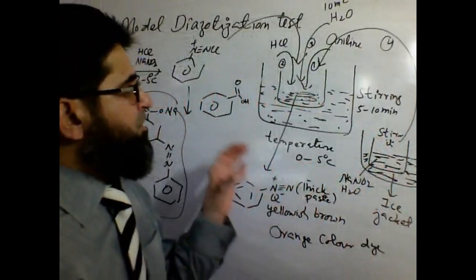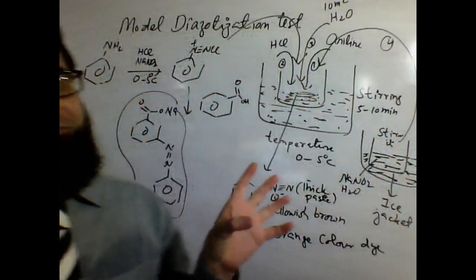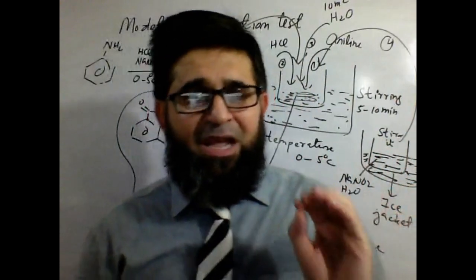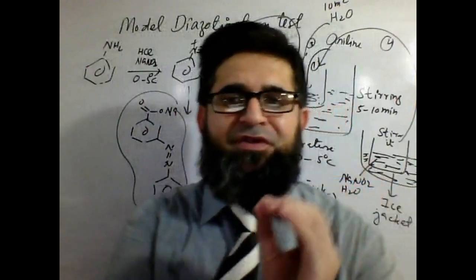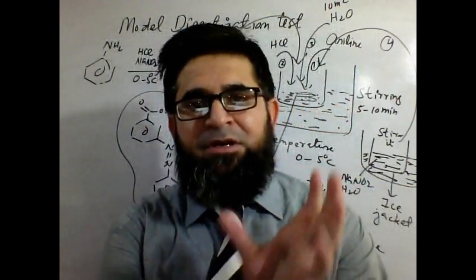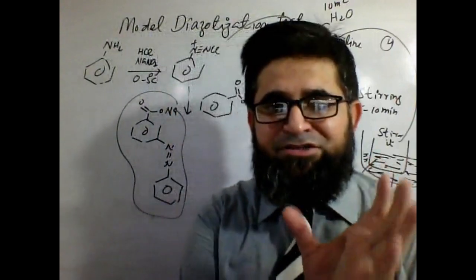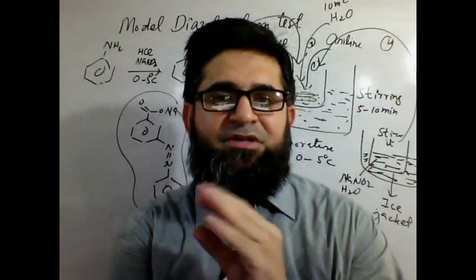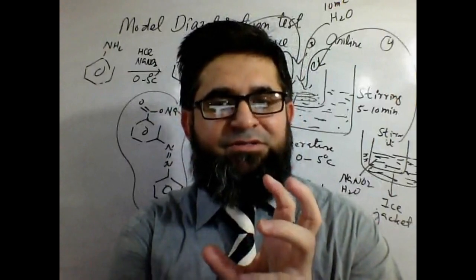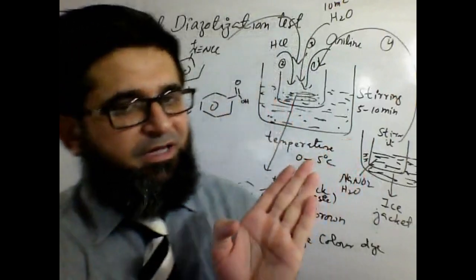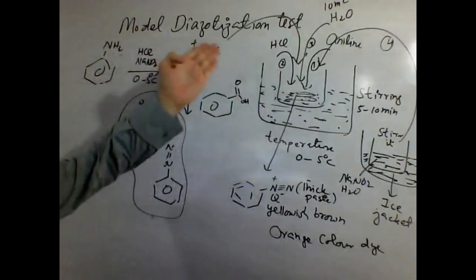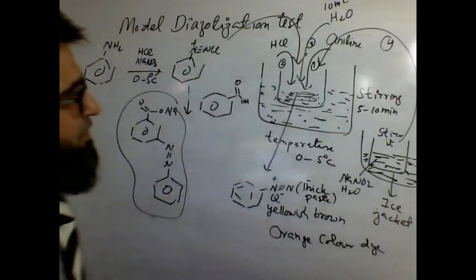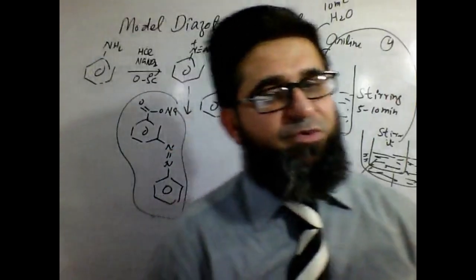So this is a procedure which is applicable for the identification of amines under the heading of diazotization test, or one could follow the same procedure for the preparation of azo dyes in the lab as model preparations and model synthesis of azo dyes. So in all aspects, the procedure is supposed to remain the same.